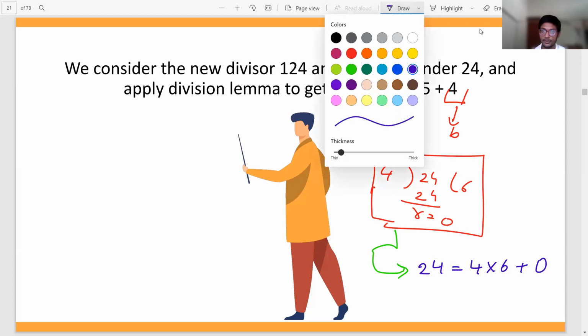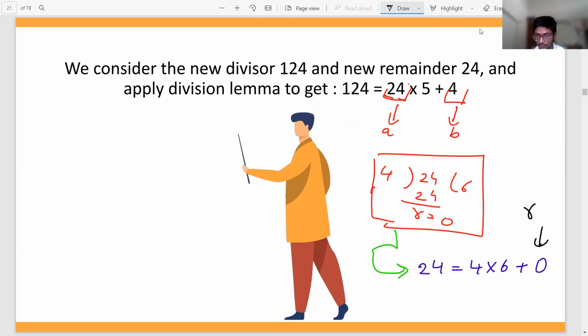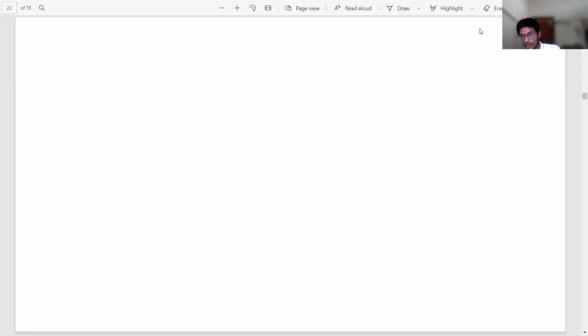So we got our remainder as 0. This is the remainder which is equal to 0. Hence, the last divisor, that is 4, is the HCF, the highest common factor, of those two numbers.